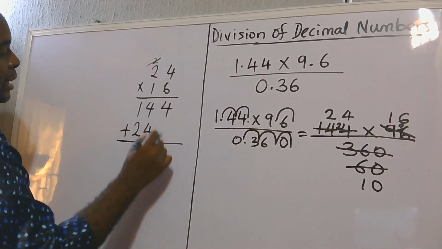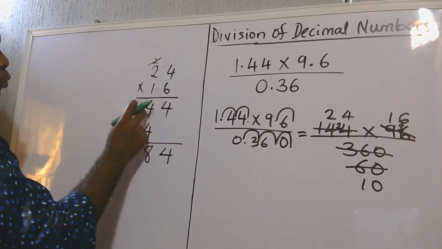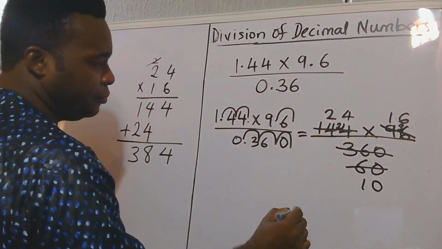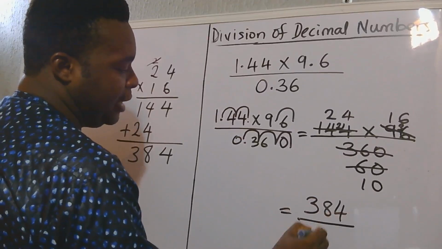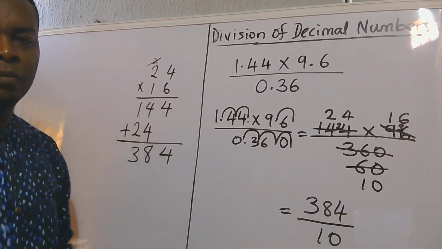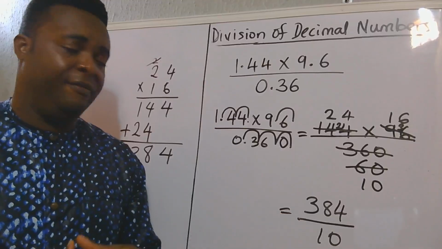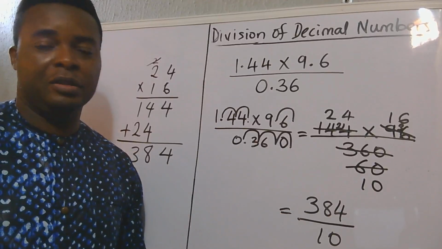We add it, and that gives us 4. 4 plus 4, 8. 1 plus 2, 3. So this is giving us 384 over 10.